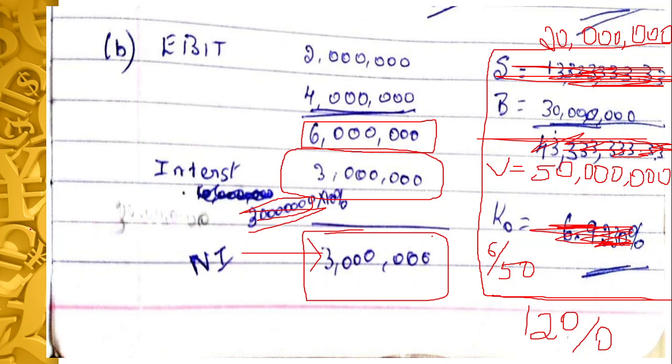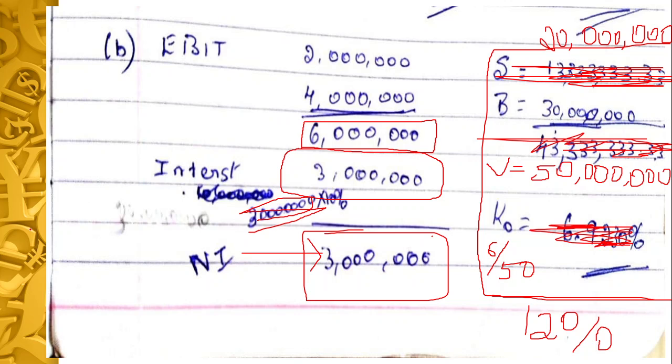See here, one more analysis that you can do is, usually we tell that debt decreases the overall cost of capital. Why? Because debt is a cheaper source of capital. Have we discussed this particular thing? Yes?